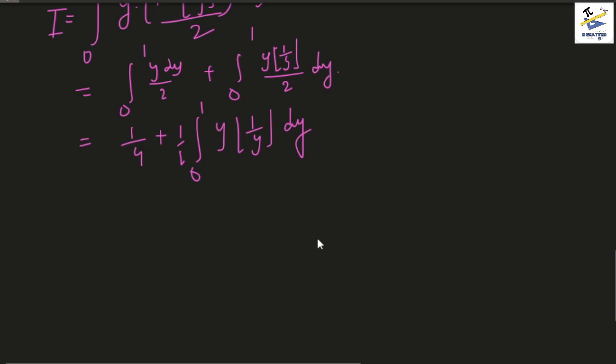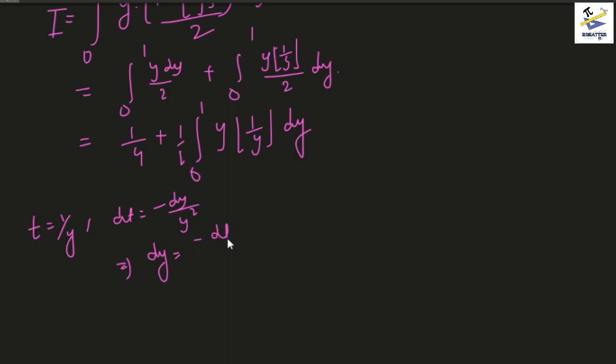Now box of 1 by y is tricky, so for that we substitute t equals 1 by y, and this gives us dt equals minus dy by y square, or in other words dy equals minus dt by t square.